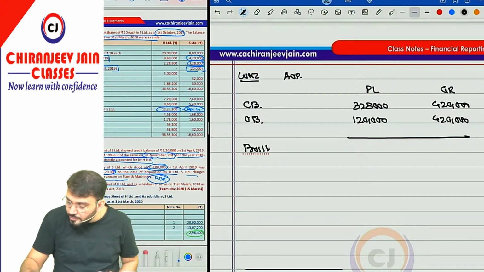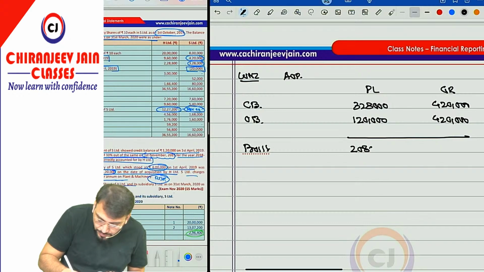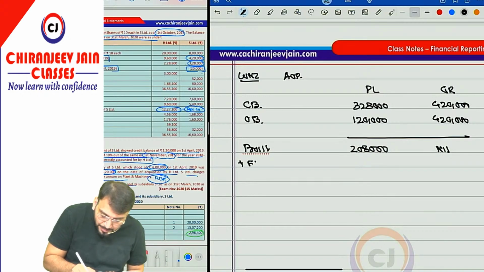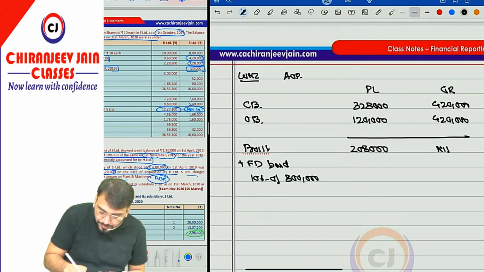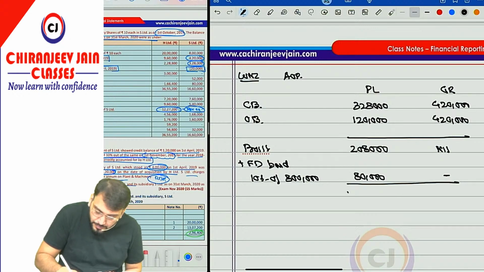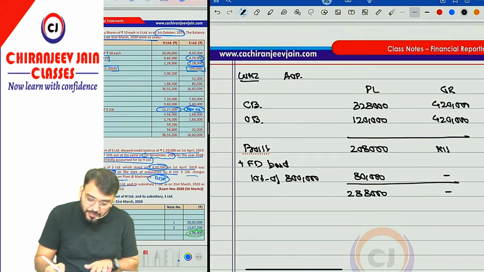That is 3,28,000 minus 1,20,000, that is 2,08,000. And this will be nil. Chalega. Then in this we'll add final dividend paid. The final dividend paid is 10% of 8 lakh. That will come 80,000. So what is this profit? This becomes 2,88,000. This is nil.